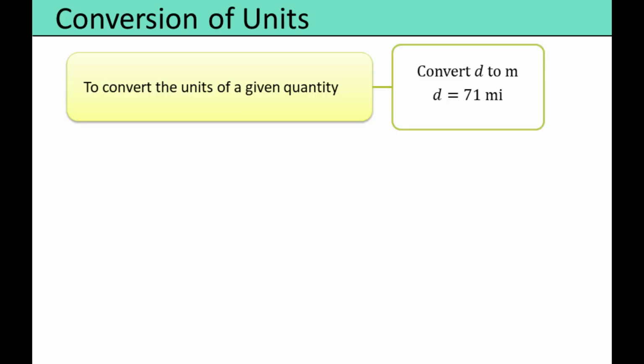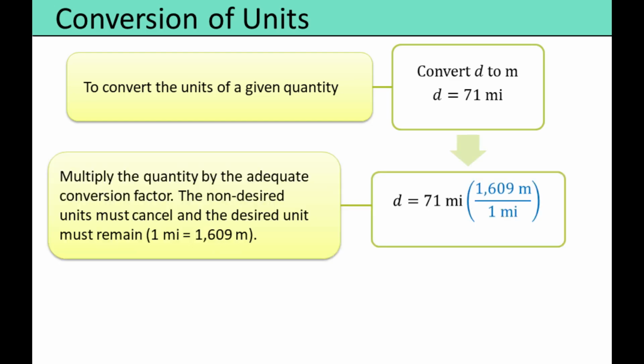Let's say that you want to convert a distance of 71 miles into meters. We know that 1 mile is equivalent to 1,609 meters, so we can write the conversion factor as 1,609 meters divided by 1 mile.